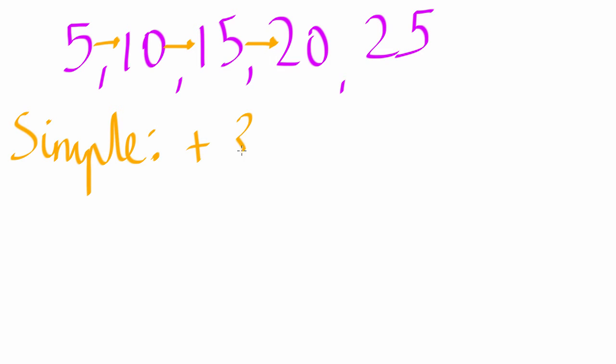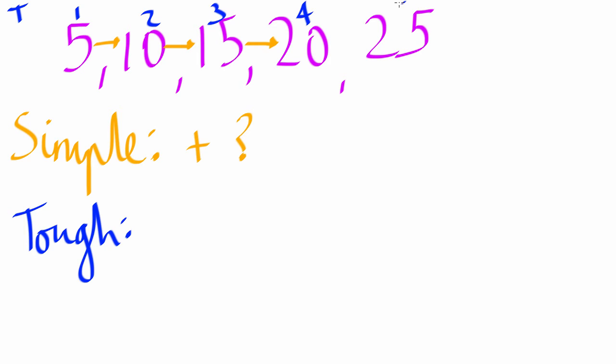You add what? You tell me. Next one. Tough. How do you get from the term, first term, second, third, fourth, fifth in the pattern, to the actual number? Let's see what works.